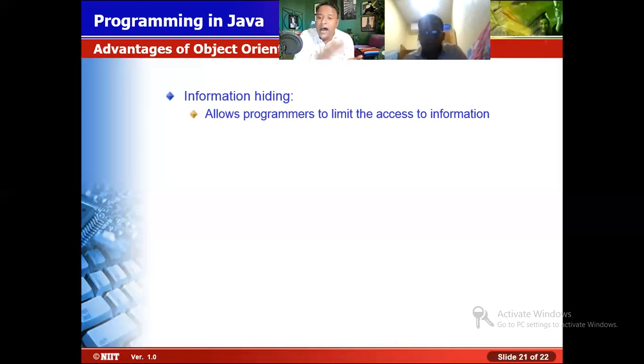Encapsulation means hiding the information which is not required. This concept is applied in programming by using access specifiers. You know some concepts like private and public. These are different keywords present in programming, and they belong to the access specifier, the information hiding part.